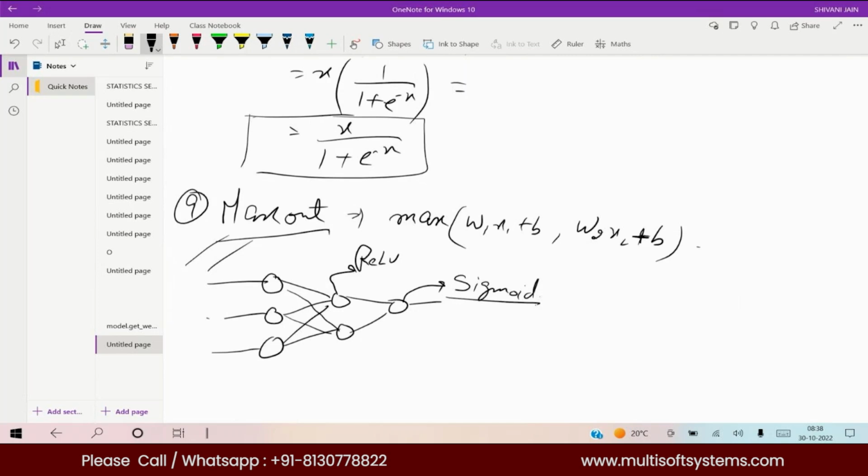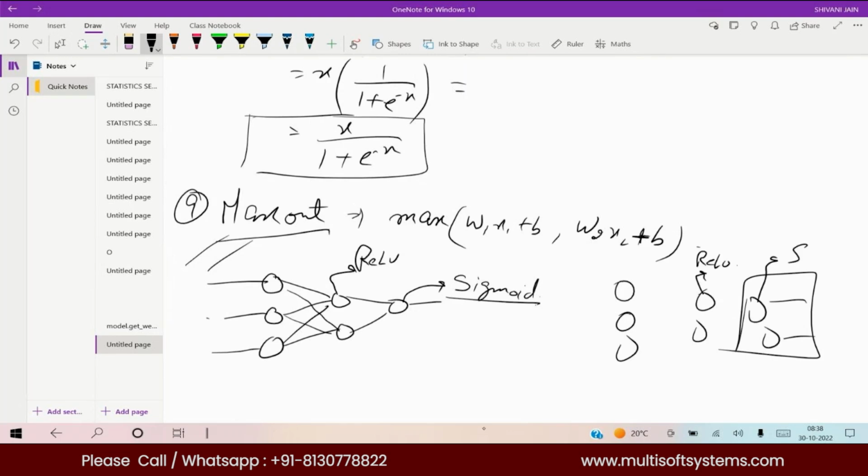But if you have multi-class classification, meaning you can have more than 2 outputs, in that case you can use ReLU in the hidden layers and softmax in the output layer.